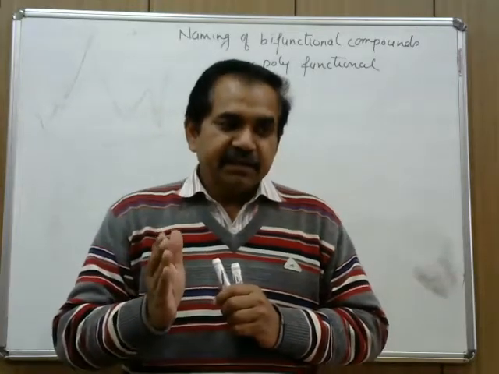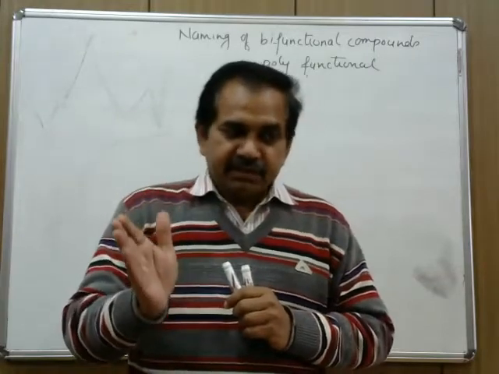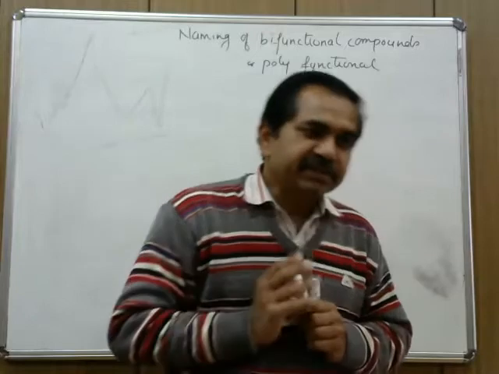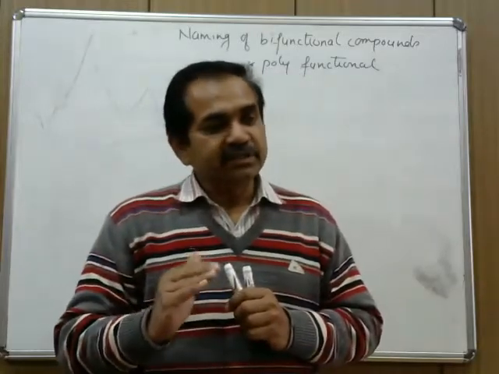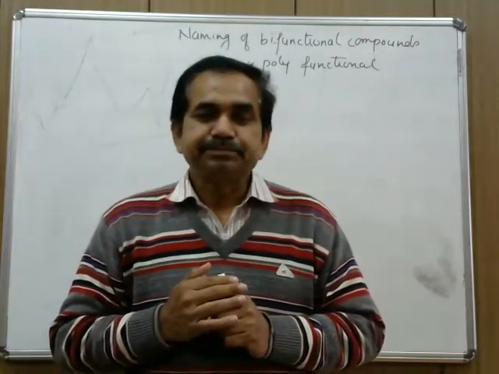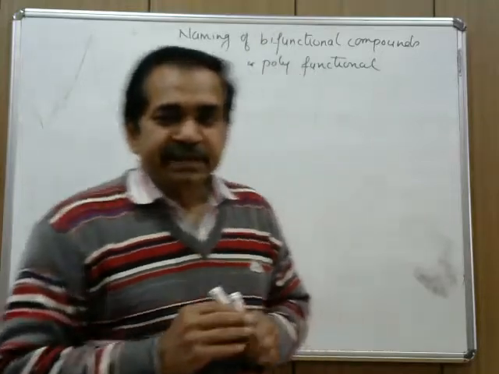Among the functional groups present, the one with more priority is taken as the principal functional group, and the one with lower priority is treated as a substituent. Now this table is as follows.